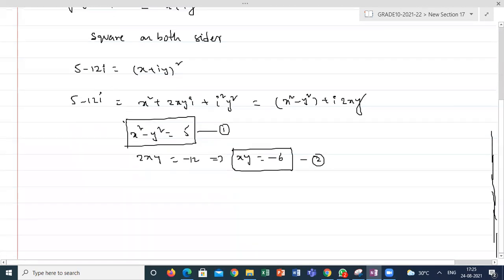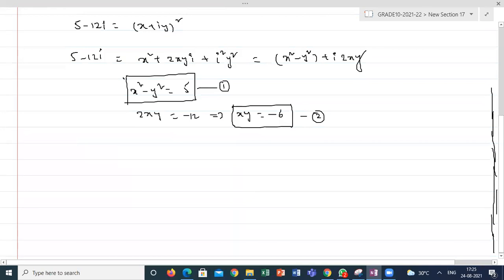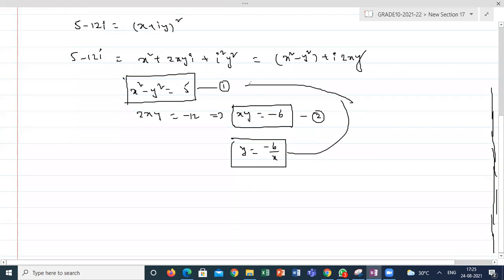So after this, how to proceed? Students, after this, how to proceed? With the help of mathematical skills, how can you proceed next? From here, it is pure number system. How to do this one? I am taking y is equal to minus 6 by x and substituting in equation 1. What will I get? I will get a quadratic equation. So find out the quadratic equation.